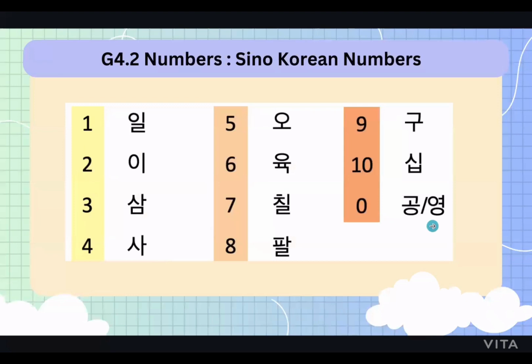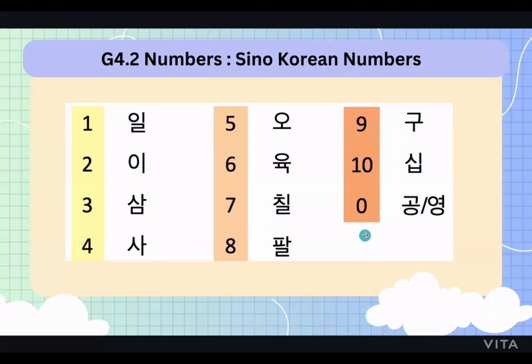And 0 is 영 or 공, right? So when you mention your cell phone number, we use Sino-Korean numbers. So when you mention a cell phone number, we use 공 instead of 영, right?